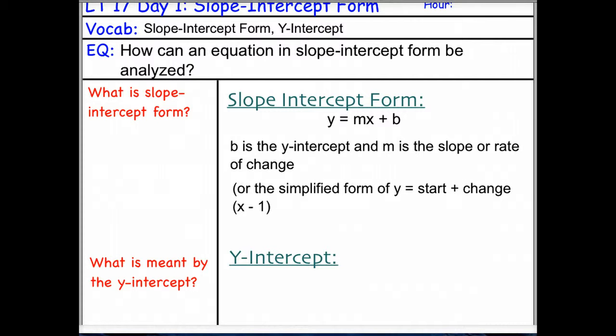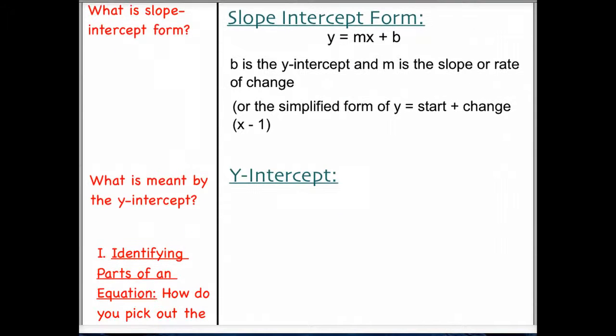Also, it can be simplified as y equals start plus change times x minus 1. We worked on that a couple learning targets ago, and if you simplify that, it gets you y equals mx plus b. So y equals mx plus b is our slope-intercept form.